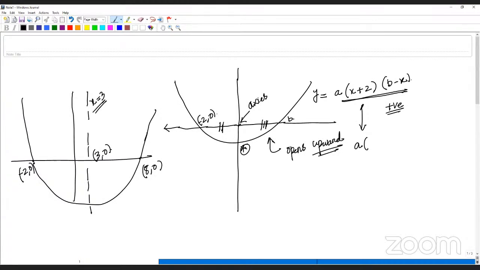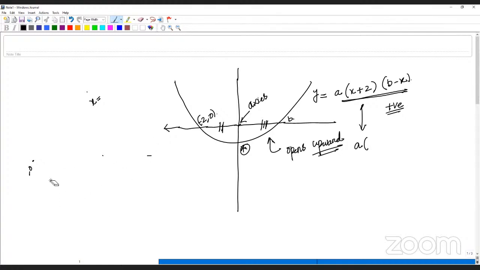Right? So you can have two different parabolas. So you cannot calculate the value of the axis of symmetry just by knowing one x intercept of the parabola. Okay, sir.